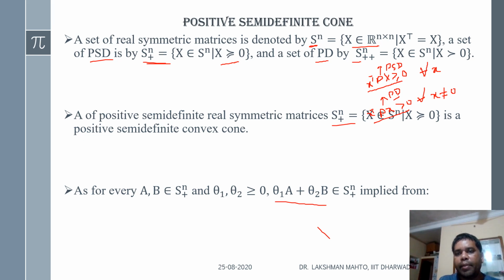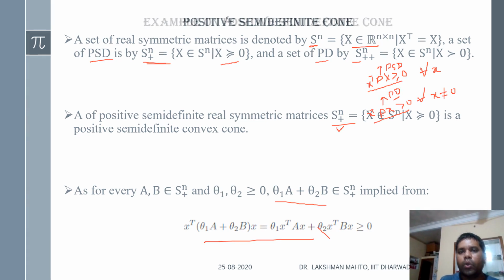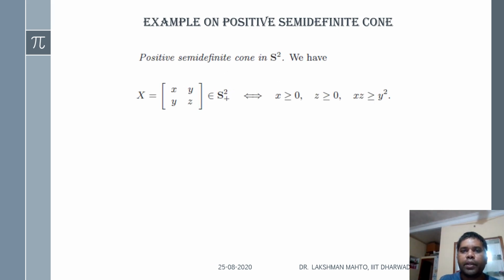Using the general definition of a convex set, you will come to know that the class of all positive semi-definite matrices satisfies the criteria of being a convex set. So the class of all positive semi-definite matrices is a convex cone. The definition is already written here, you can look into that. That one is part of linear algebra, and you can easily establish the proof.